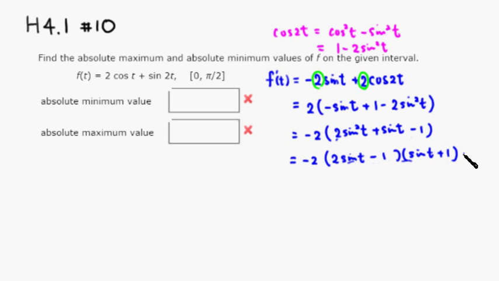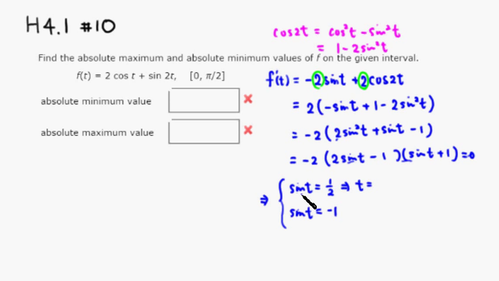We set this equal to 0 to find the critical numbers. So either sine of t equals 1/2, or sine of t equals negative 1. We can find the angle t.